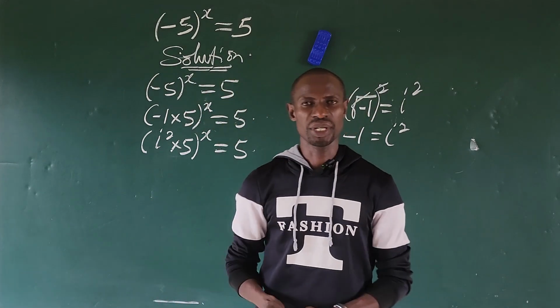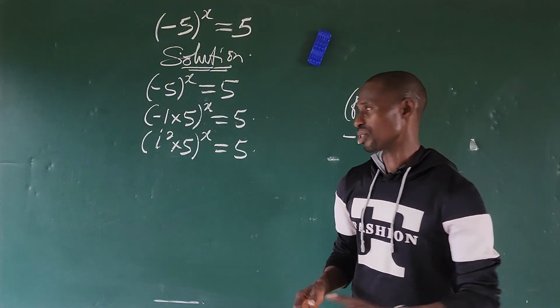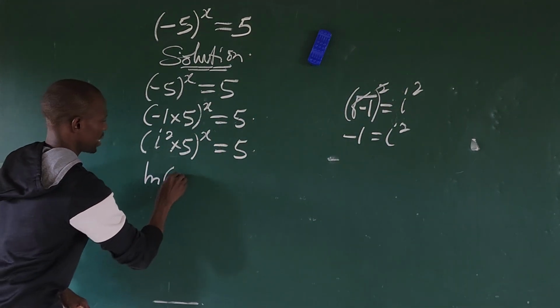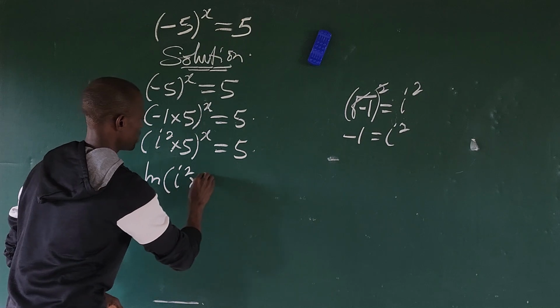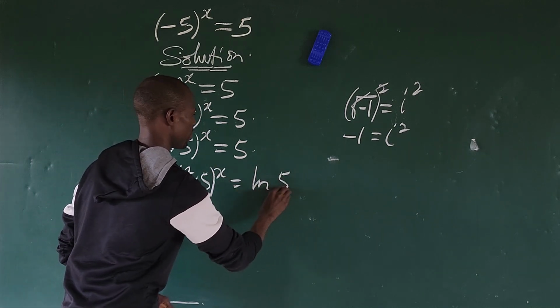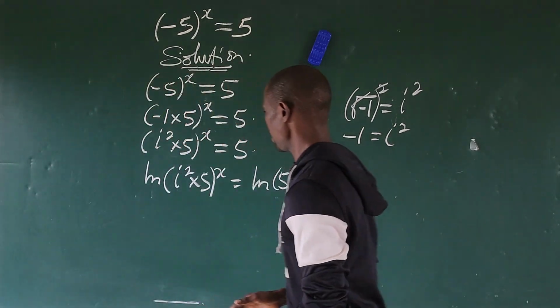So at this point, we just have to take ln of both sides of the equation because we're looking for x. So here we're going to have ln((i² × 5)^x) = ln 5. Easy. So what we do next again, we look at this.